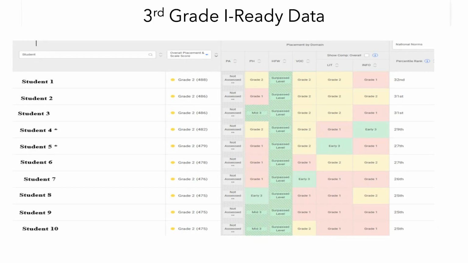Looking at third grade, I have a total of 10 students here. Two of the students in this bunch of 10, student 4 and student 5, are students that I cannot pull due to them being in an already labeled EIP class. That means, because of funding and other things, I'm not allowed to pull them.